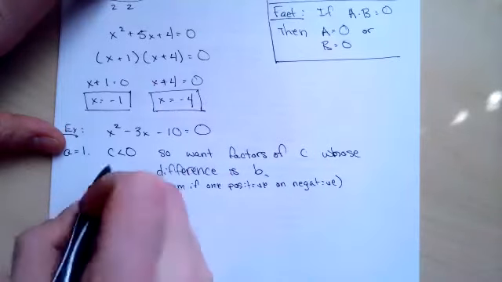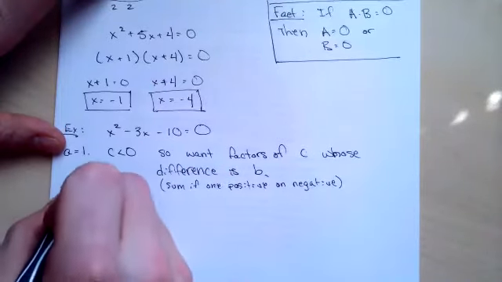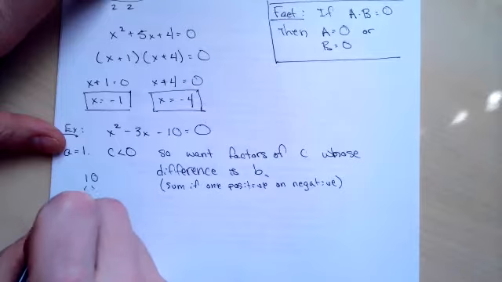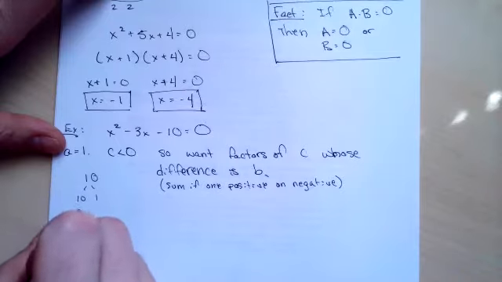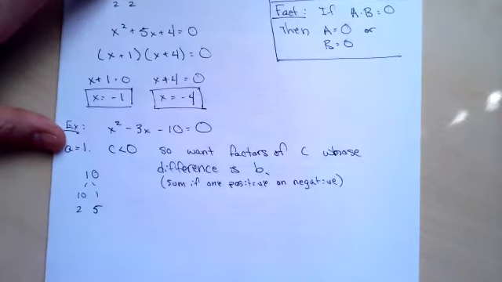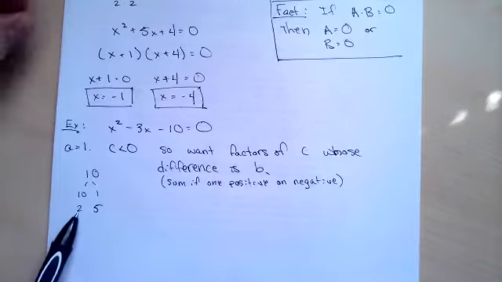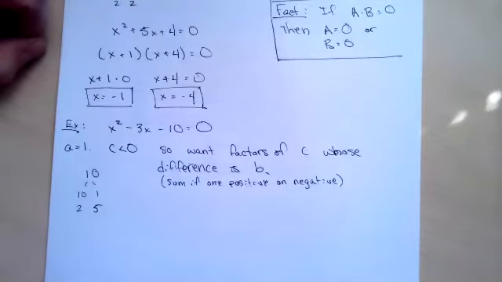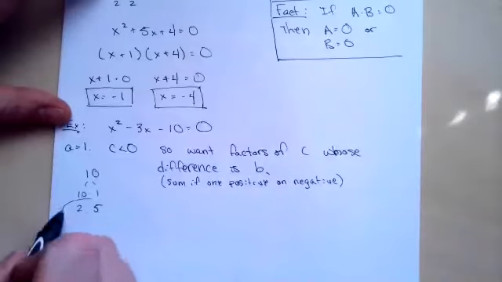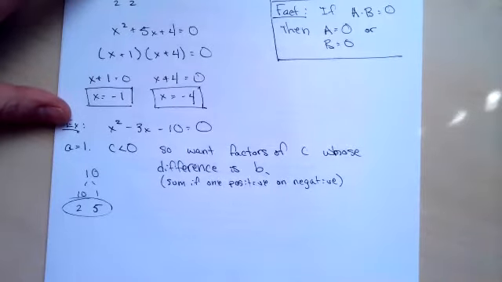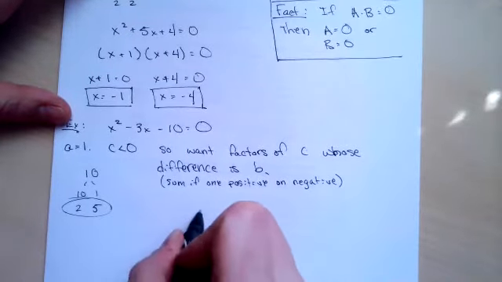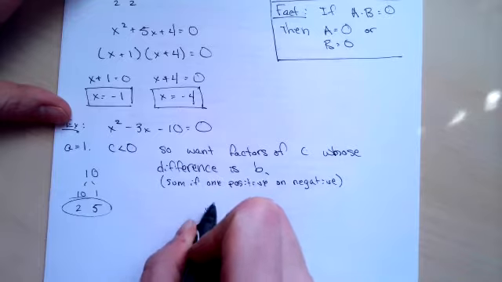Primarily, if we just consider c, well, it's -10, but if we're really just looking at factors of 10, we've got 10 and 1 and 2 and 5. So if we're just considering positive factors, I'm looking for the difference to get -3. So in this case, we're going to want 2 minus 5. And we're going to factor our quadratic then.